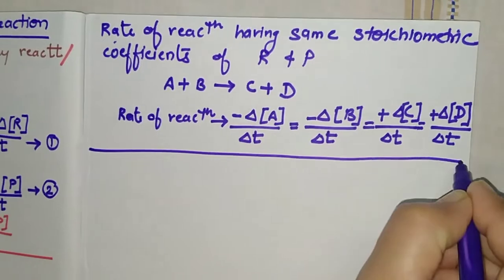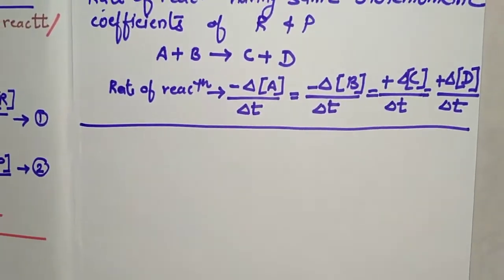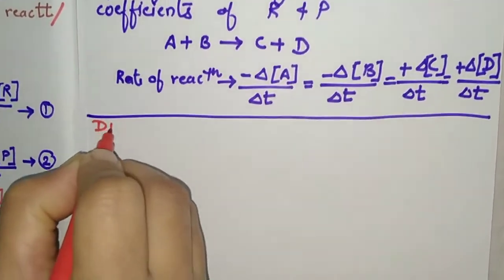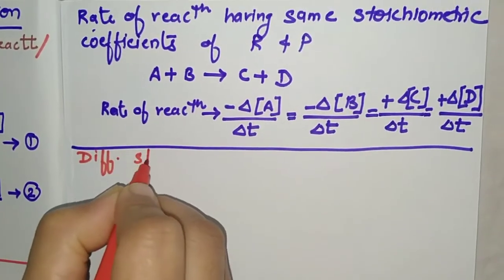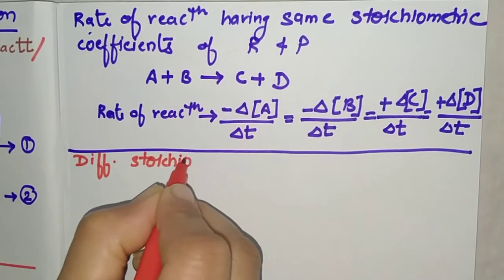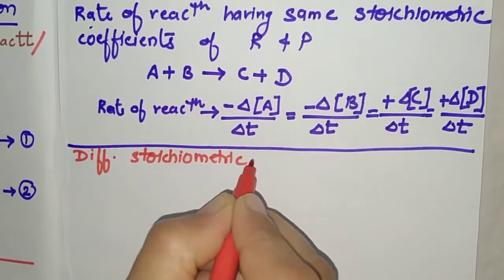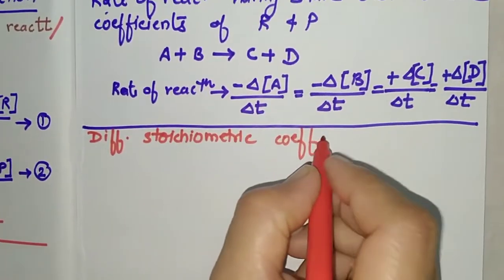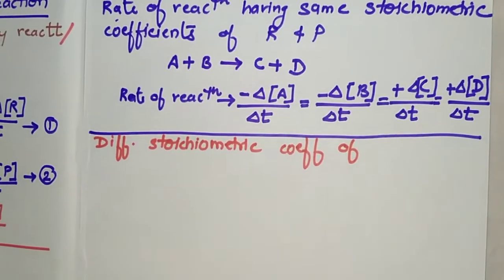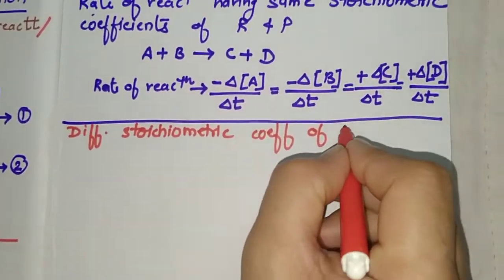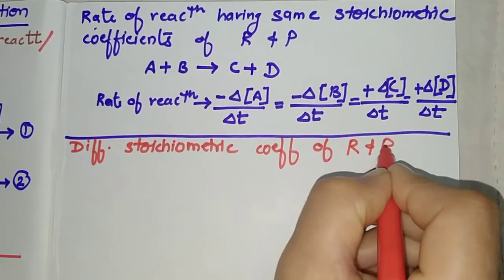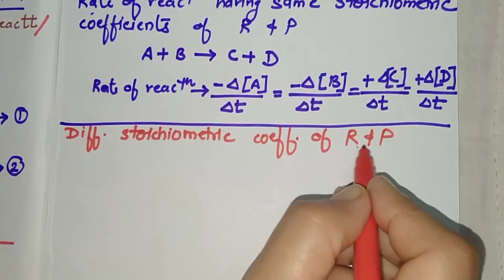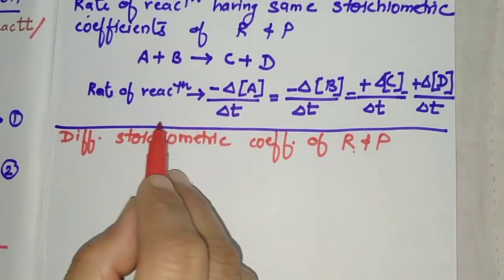Now if we have different stoichiometric coefficients of reactant and product, then what will be the rate of reaction?